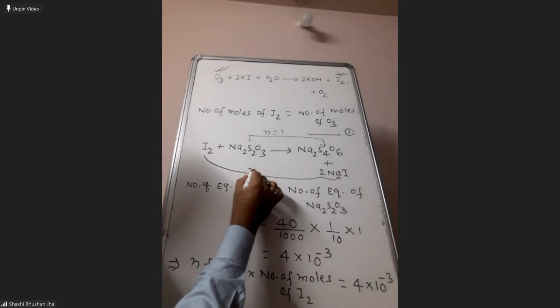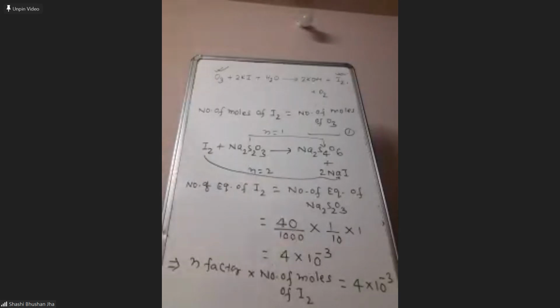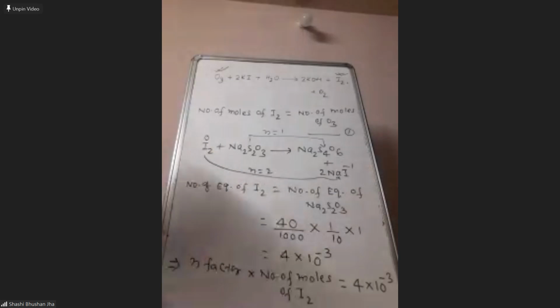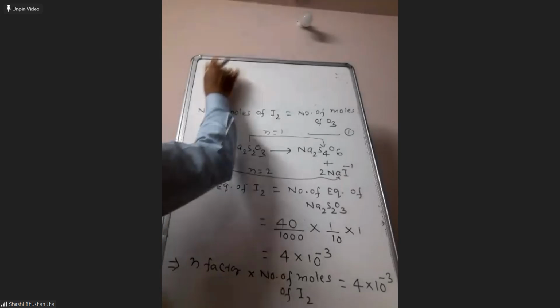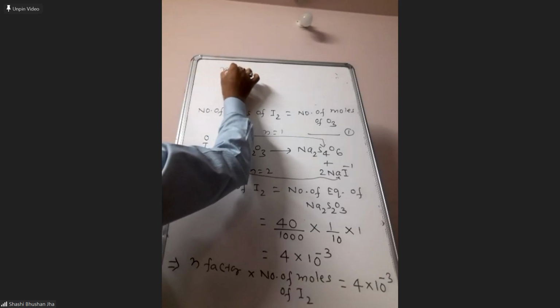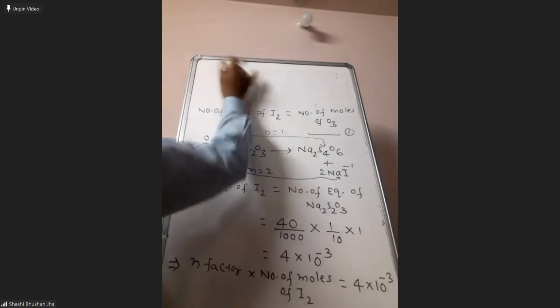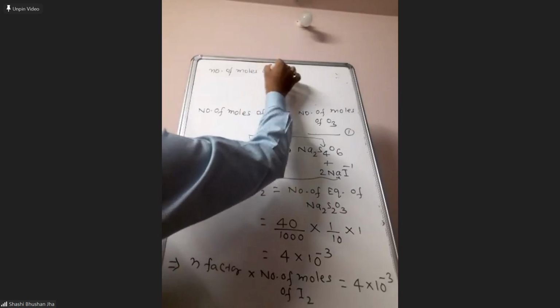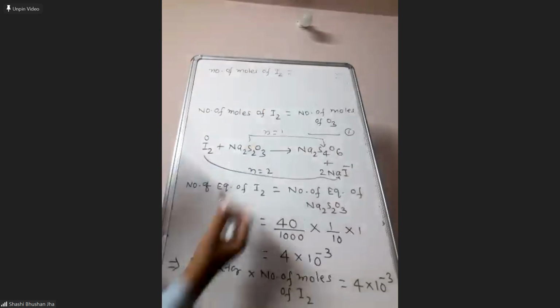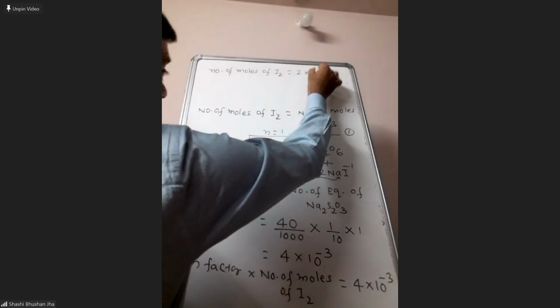If you calculate its n factor, this will be 2, from 0 to minus 1, and we have to calculate the change for 2 iodine atoms. So substitute n equal to 2 and calculate the number of moles of iodine. So the number of moles of iodine will be 2 into 10 to the power minus 3.